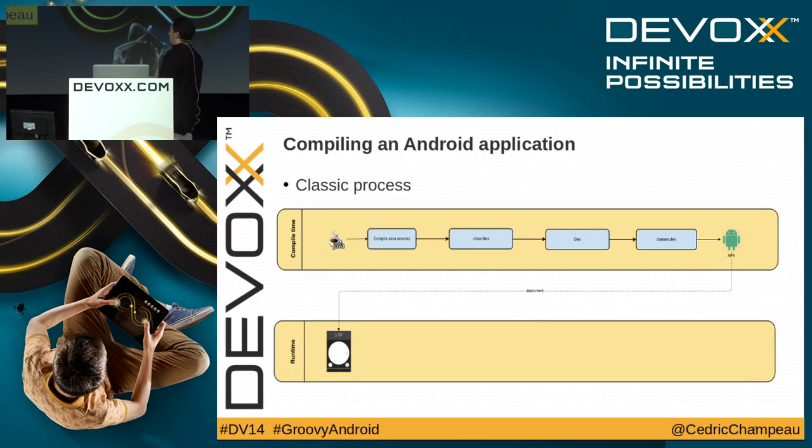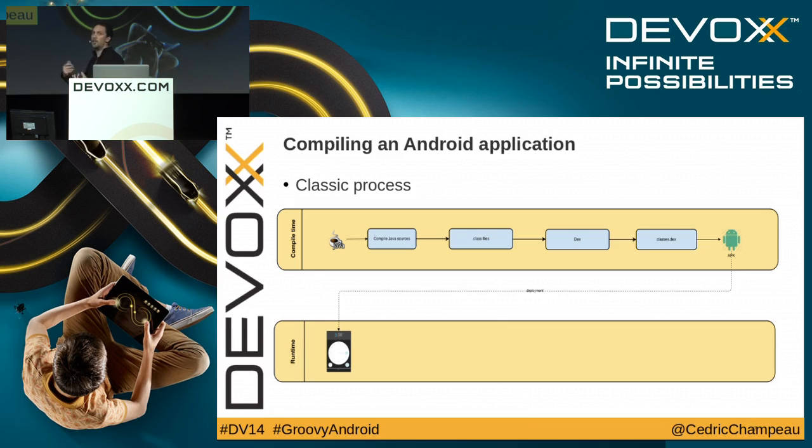So typically what happens, don't worry if you can't read that, I'm very bad at writing diagrams, it took me a few hours just to generate that, if you can imagine. If you compile an application for Android, you start from Java sources, you compile them, it generates class files, then you call the dex tool, and it generates a classes.dex file.